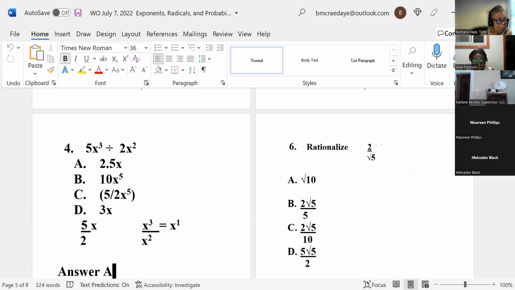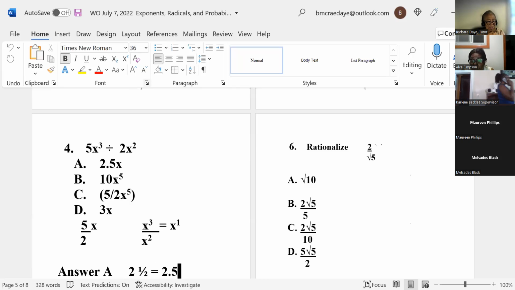So you could have 2 and the fraction, but that's also equal to 2.5 as a decimal, correct? So I should have divided 2 into 5.